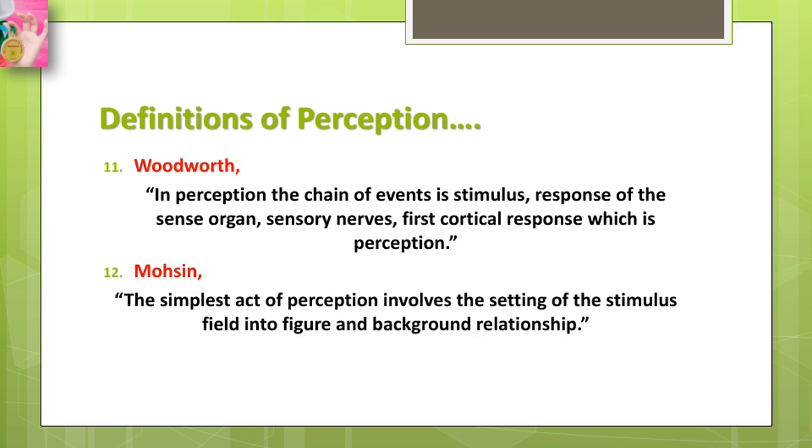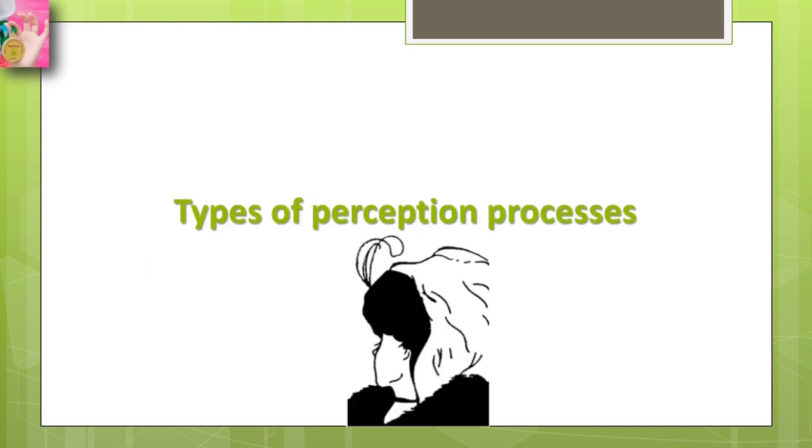Then, the second last definition, according to Woodworth: in perception, the chain of events is stimulus, and response of the sense organ, sensory nerve, and first cortical response, which is perception. And last but not least, according to Mohsin, the simplest act of perception involves the setting of the stimulus field into figure and background relationship. So this was all about the definitions of perception.